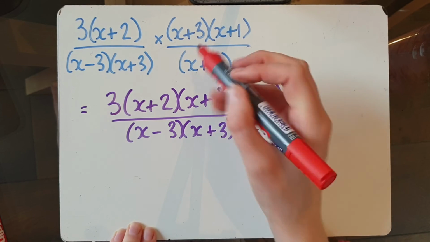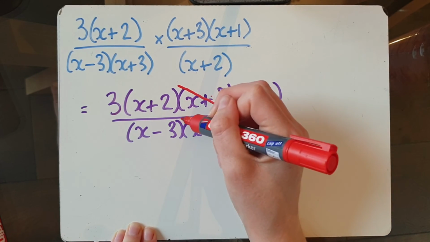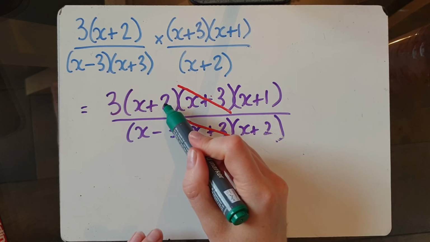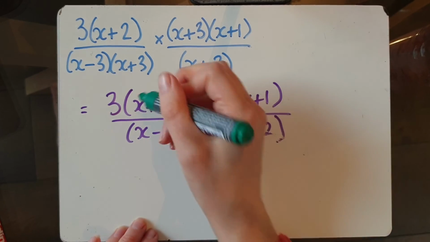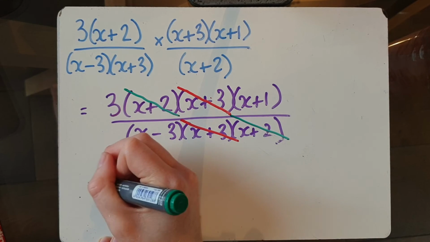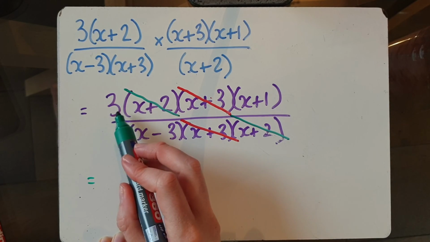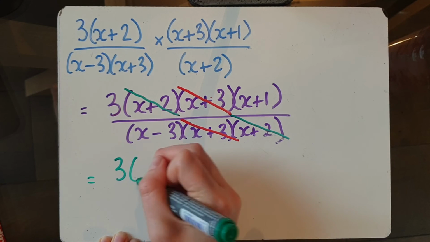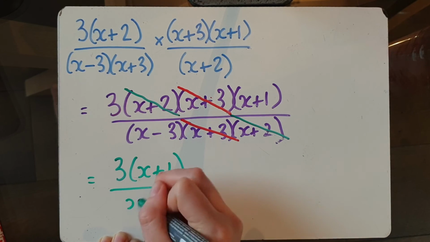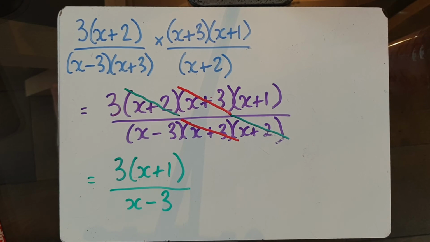X plus 3 is a factor of the top and the bottom, so I can divide numerator and denominator by x plus 3. X plus 2 is a factor of the numerator and denominator, so I can divide both by x plus 2. So I'm left with, in the numerator, 3 times (x plus 1), and in the denominator, x minus 3.